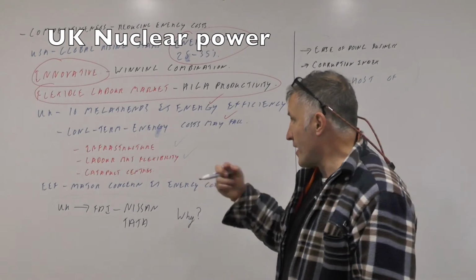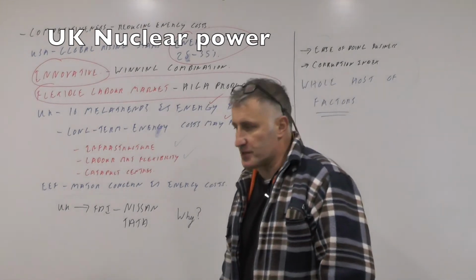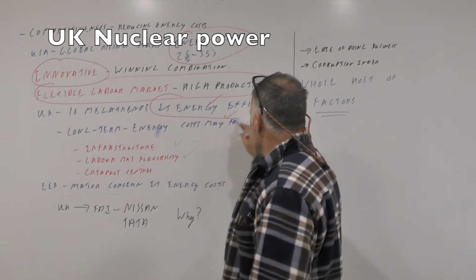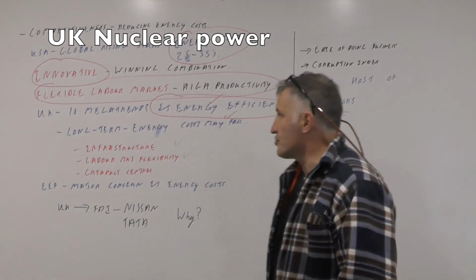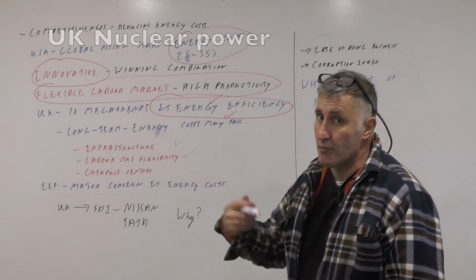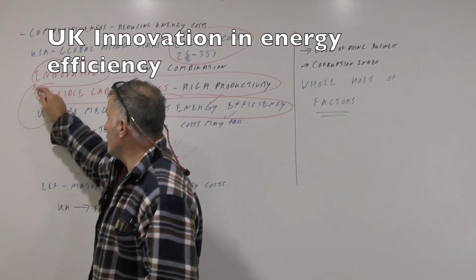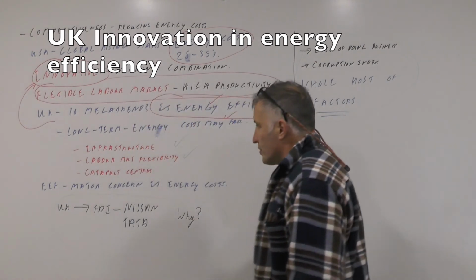That means our manufacturing sector will also have to pay high prices. However, our manufacturing sector may well become more energy efficient, so it may use less energy, so in the long term it may survive. So once again, this is down to the UK being innovative in terms of what it does.